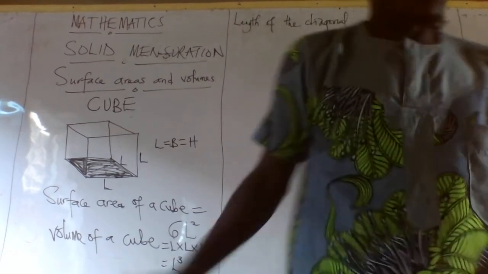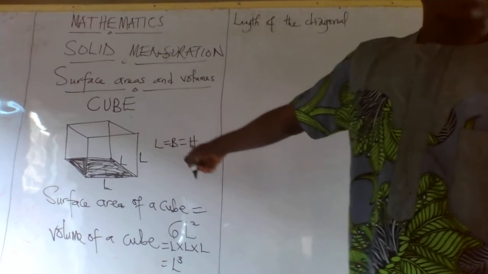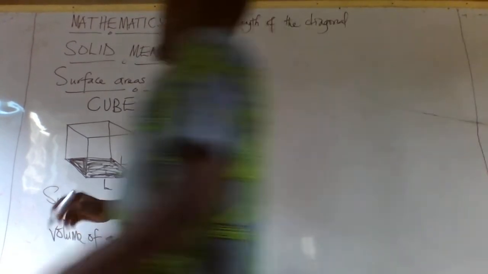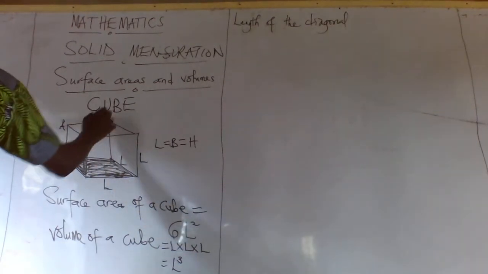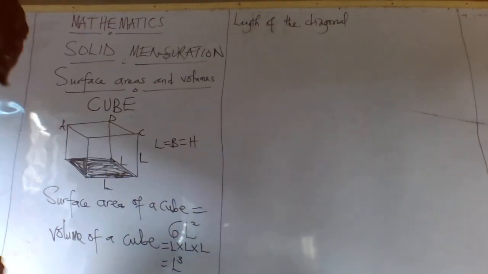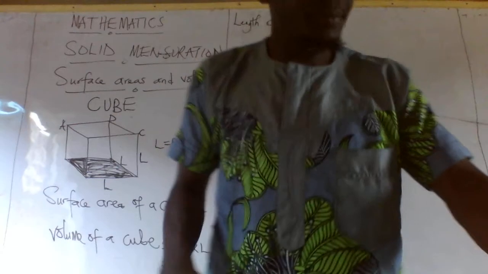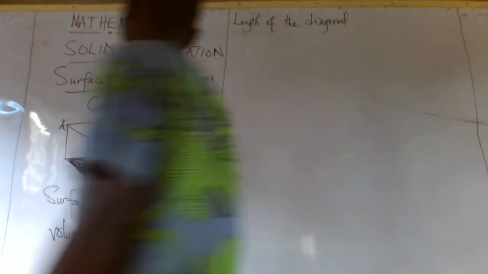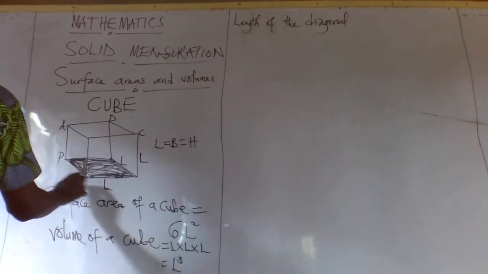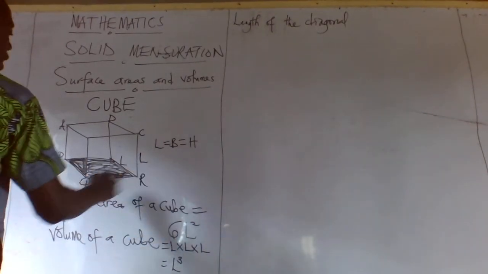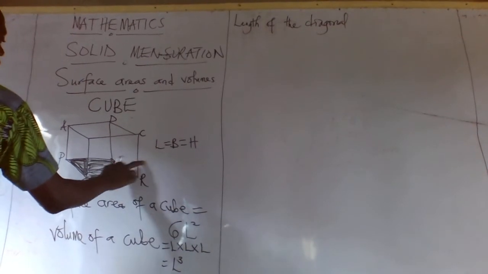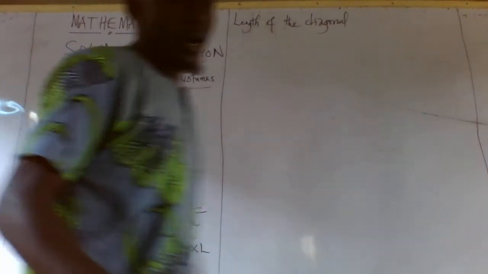For example, if this particular shape is labeled A, B, C, and we have P, Q, R, we know that all the sides are of equal length.